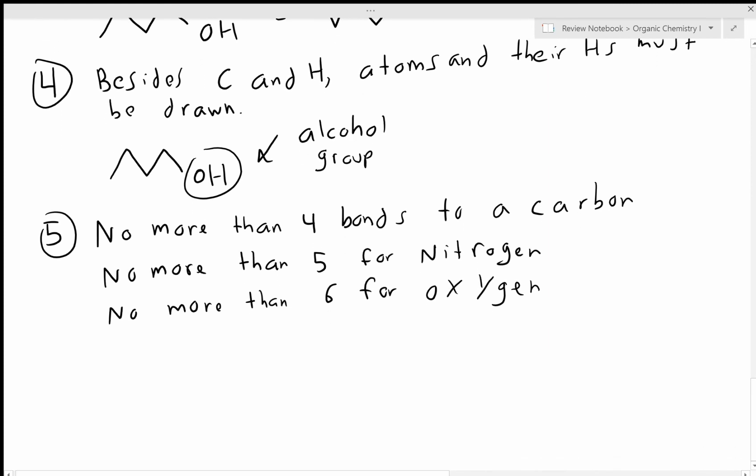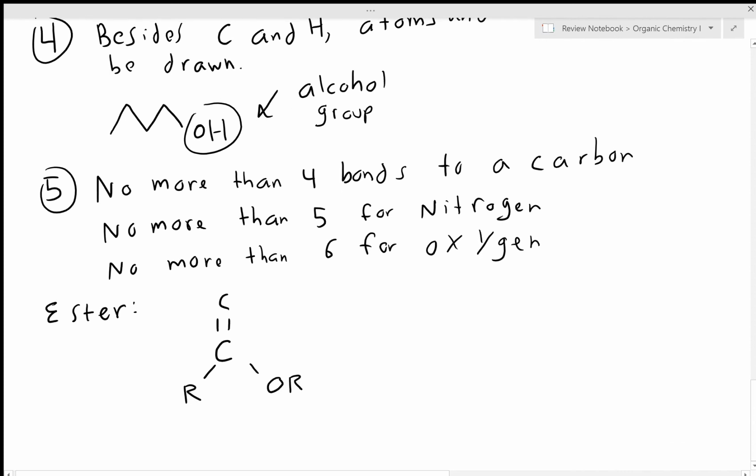So for example, something that we'll look at later, like an ester group: C double bond O, you get your OR constituent and then your R atom. So here we have 4 bonds to our carbon. Or in an amide, you get your C double bond O, 1, 2, your R constituent, and your nitrogen here with 2 R's.